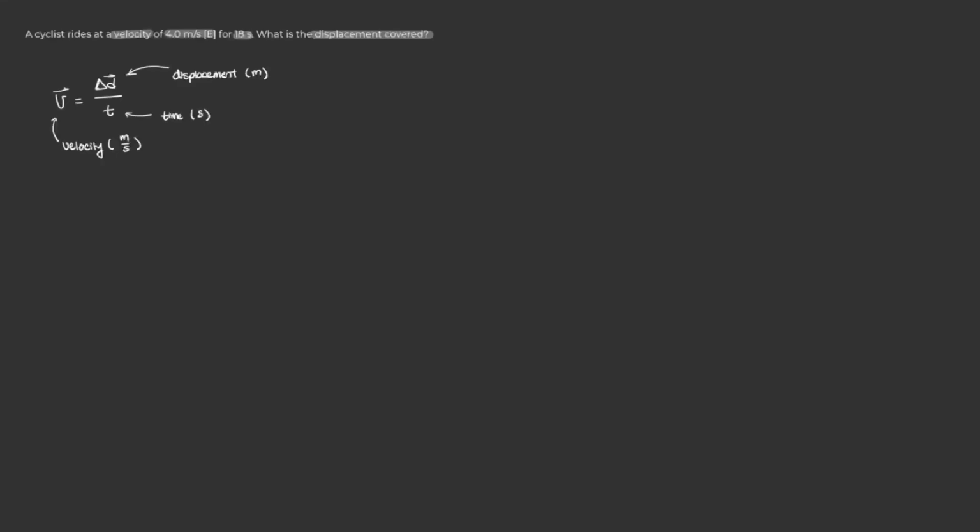All right, so let's write down our givens. In this question, they give us a velocity of 4.0 meters per second in the direction of east. They provide a time, which is 18 seconds.